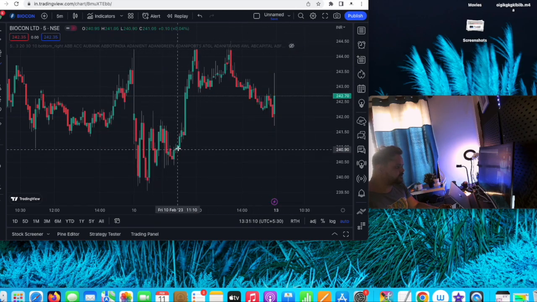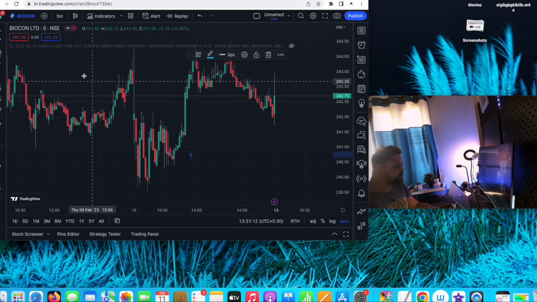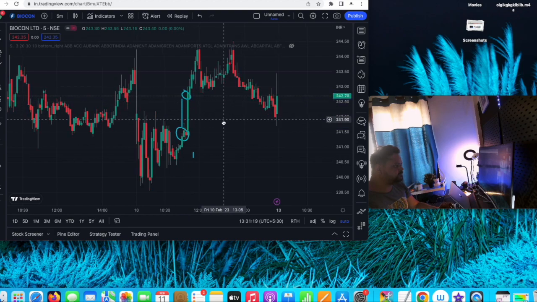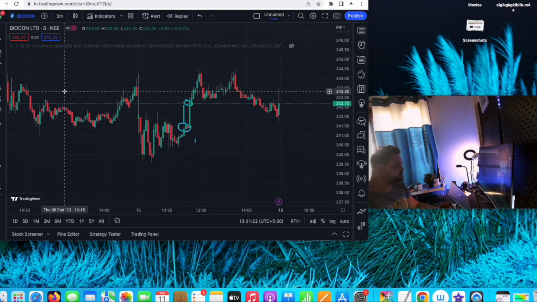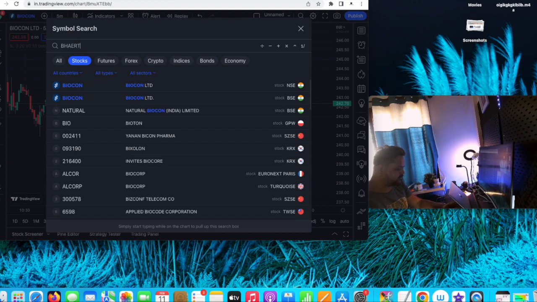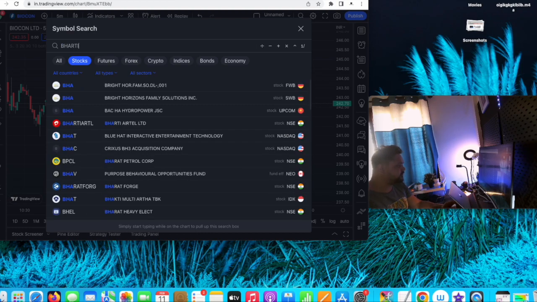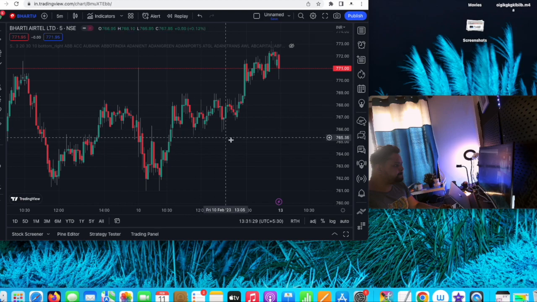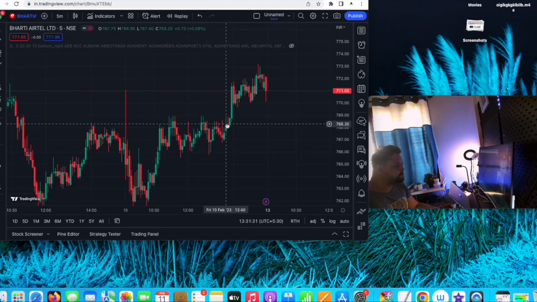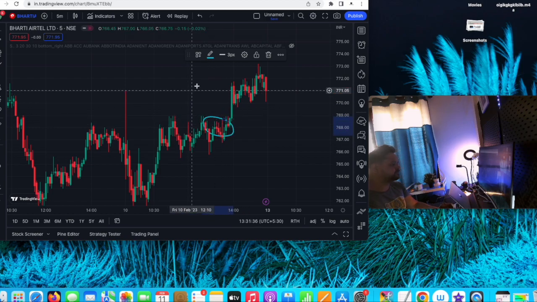So if you look at 11:30 over here, you can see this is a breakout, right? This is a breakout. And you could have taken a trade over here. Let's check for Bharti Airtel. 1:30. This is the breakout that you've got.